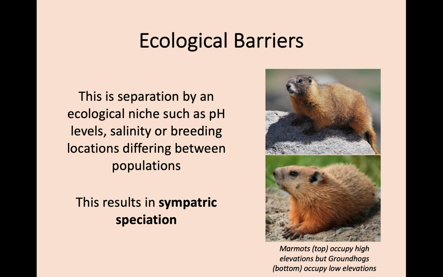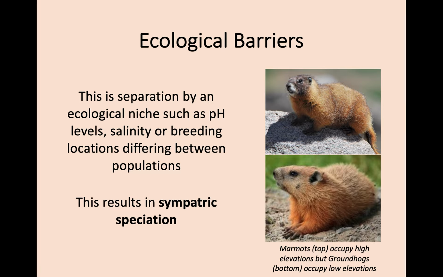So we looked at how geographic barriers result in allopatric speciation, but behavioural and ecological barriers result in sympatric speciation. In this example here, marmots occupy high elevations, but groundhogs occupy low elevations. It can get a bit confusing and sound almost like a geographical barrier in some forms, but this would be an ecological barrier. Some difference in the ecology of these subpopulations led to new species.